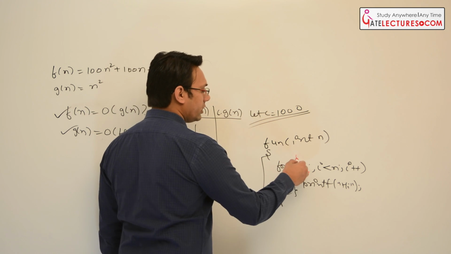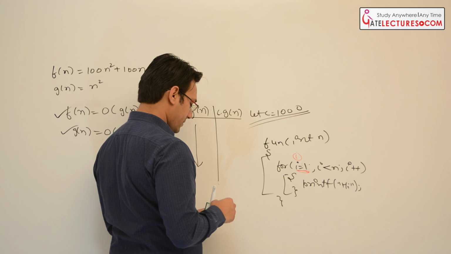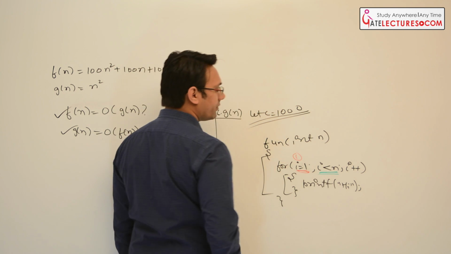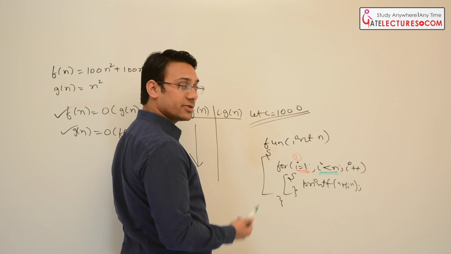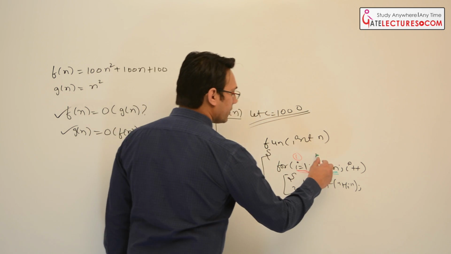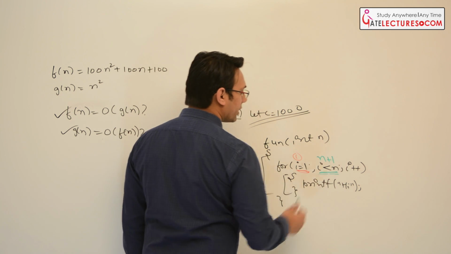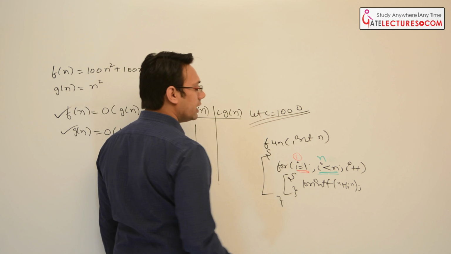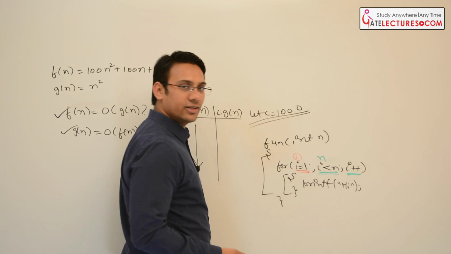It will be executed only once, right? How many times will this statement be executed? It will be executed n plus 1 times, or not n plus 1, it will only be executed n times. How many times will this statement be executed?